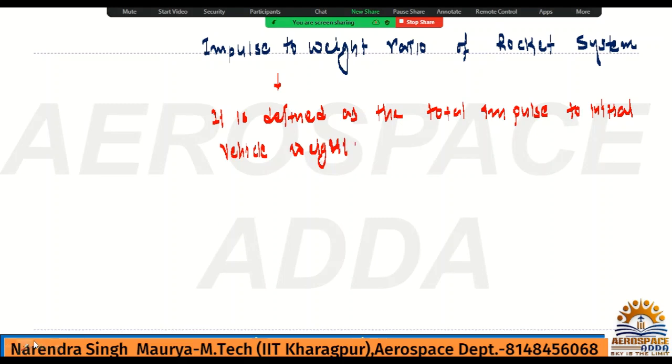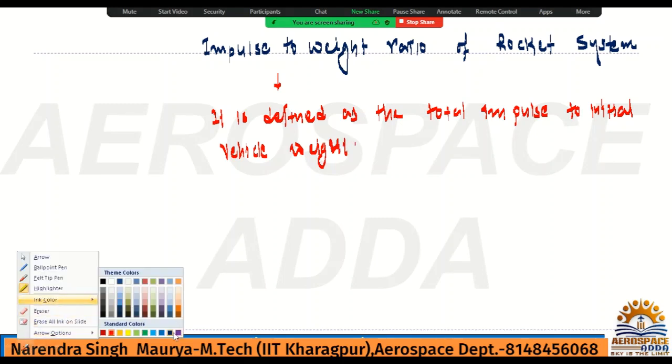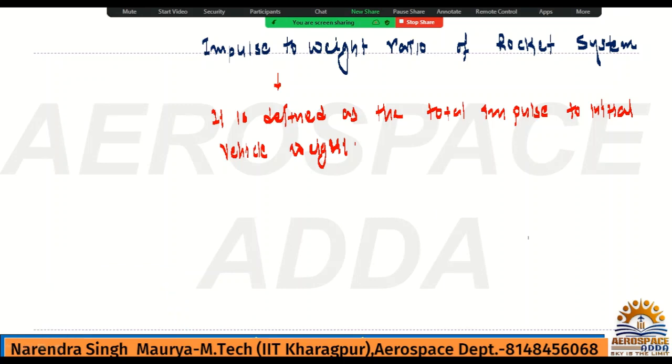If I say initial vehicle weight, that means the rocket is now going to lift off.